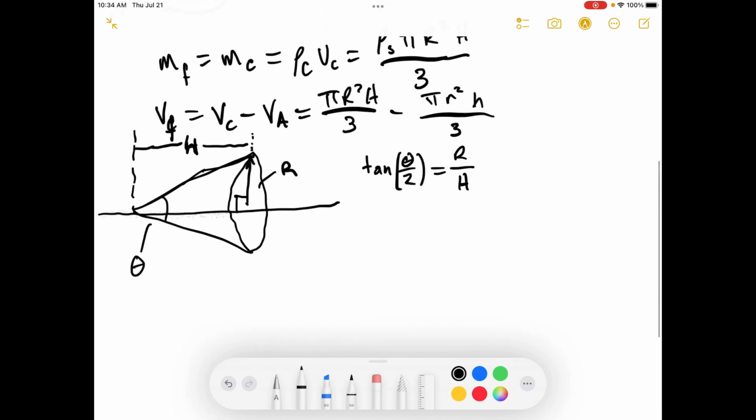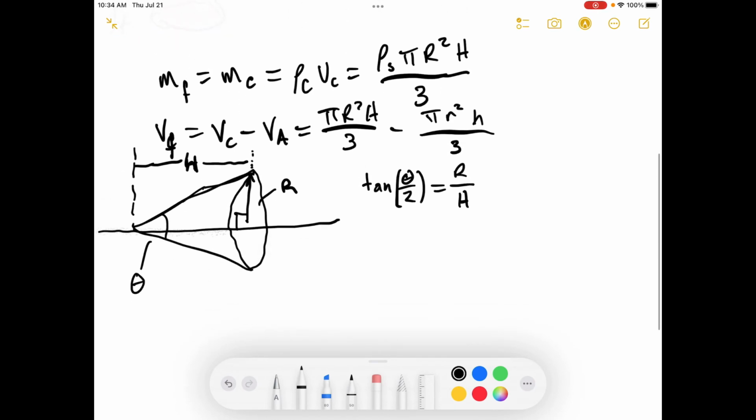Now, we also have a smaller cone section, so if we slice this cone in half, right along there, we have another little r, and then we have little h from here to here.